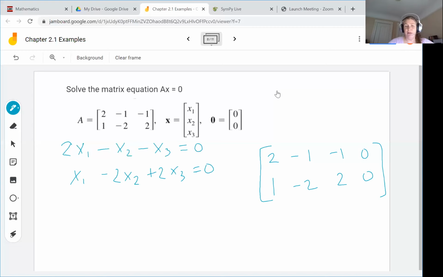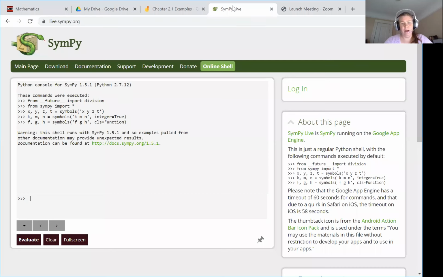So I'm going to head over to SymPy and let Symbolic Python do that for me. So I'm going to enter my augmented matrix. I'll call it A equals matrix in parentheses, and in brackets I put our rows here. And then our second row is 1, -2, 2, and 0.